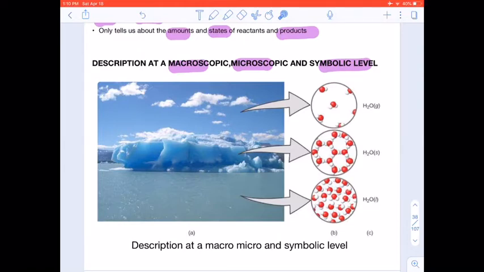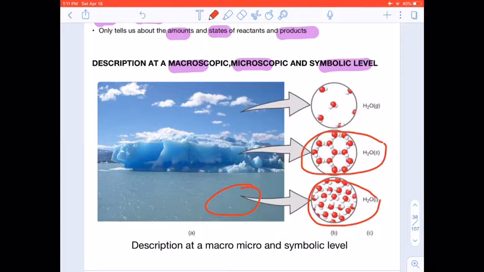So in order to interpret what we see, we zoom into the microscopic world, and here we see, if we're dealing with, for instance, a liquid, how the molecules are represented in a liquid. If we look at a solid, you can see there's a regular pattern in the solid.